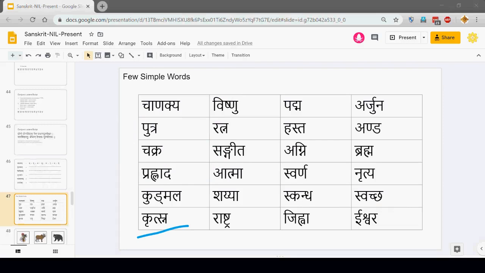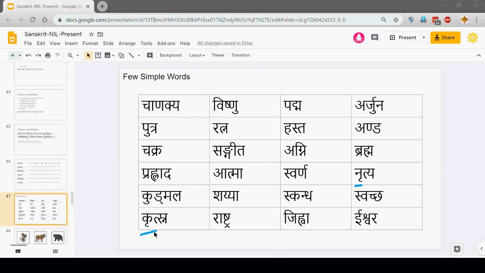Next one. Krutsna. So this one I've shown here to indicate there could be more than two consonants in a conjunct letter. This is the example here. The first one is just a compound, just like nritya.